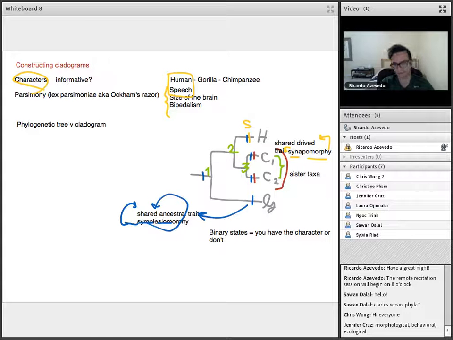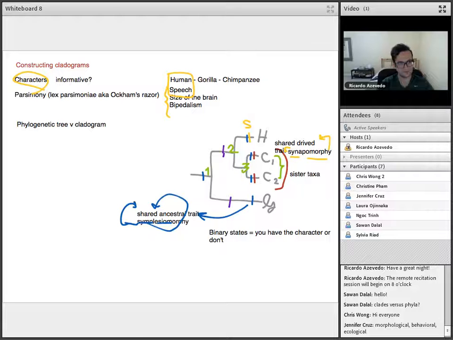So let's mark it with an arrow to the trait, it's a shared trait. But we can also assume that since all of them have it, number 1, this ancestor also had it. So it should be here as well. I'll discuss later why that should be the case. So it's shared, but it's ancestral, since it comes from the ancestor. And it's a trait, as usual. So it's a shared ancestral trait, or symplesiomorphy.